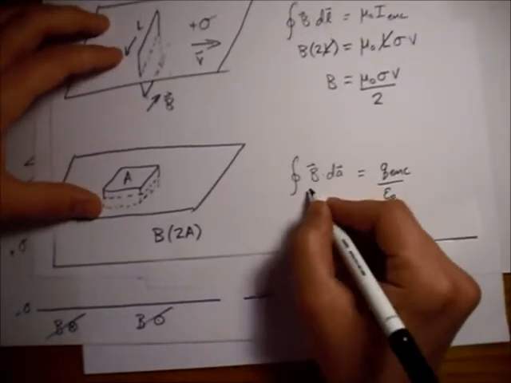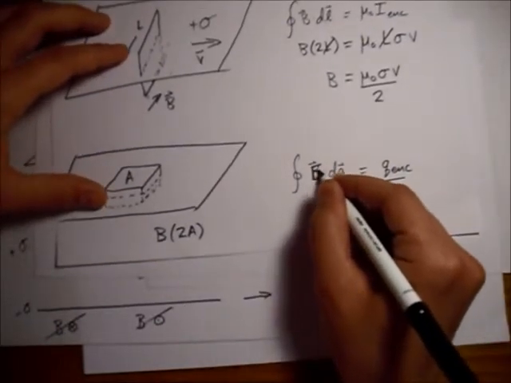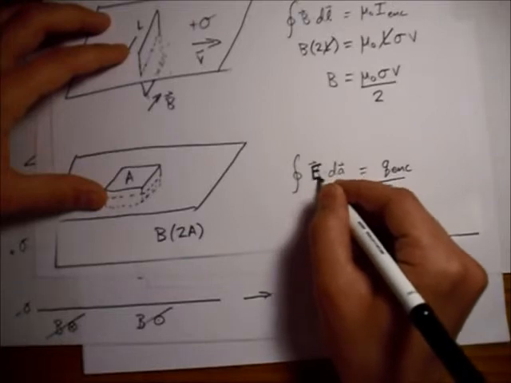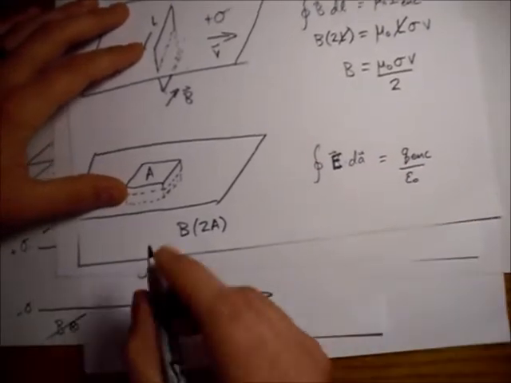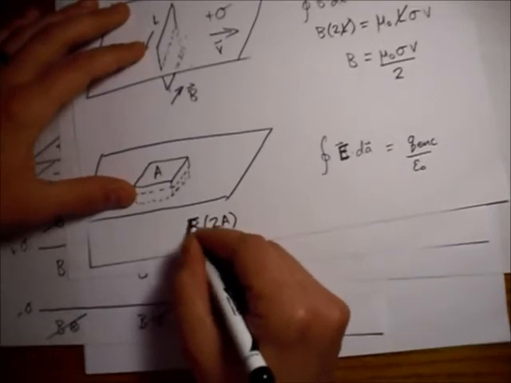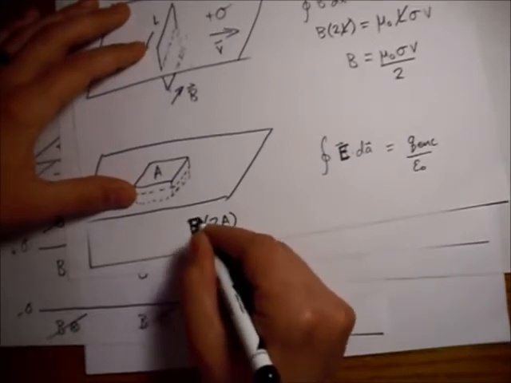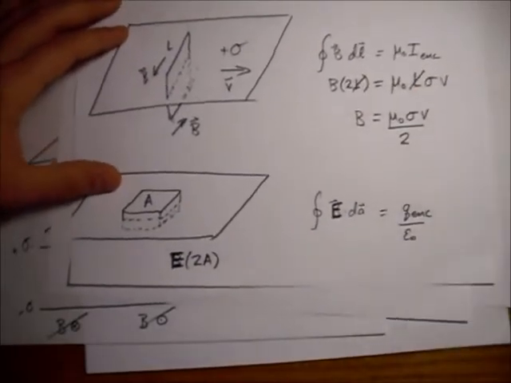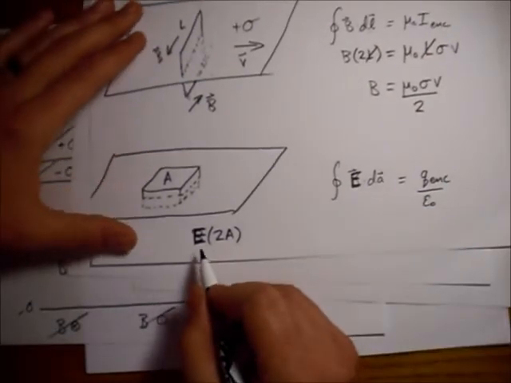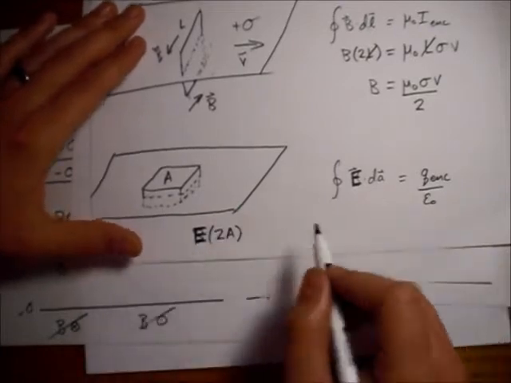I wrote this wrong. I was like, why do I have a B here? B is not orthogonal to the sides. Sorry about that. This is an E. Well, that's embarrassing. I guess I just looked at this and copied it right down. Wow. Didn't even notice till now.